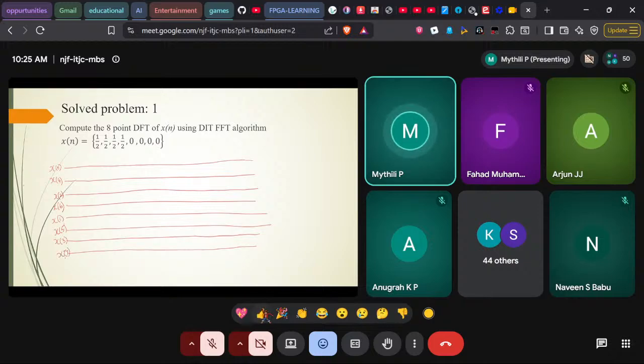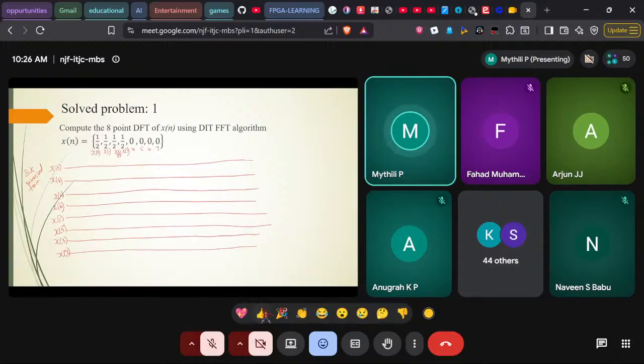We saw yesterday the inputs are arranged in the bit reversed form. You see, this is 0. This is the first sample, second sample. This is the 4th, 5th, 6th, and the 7th.